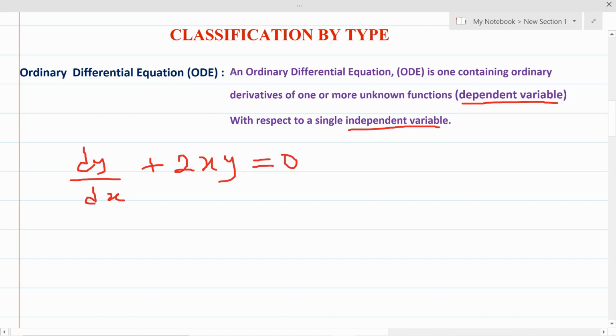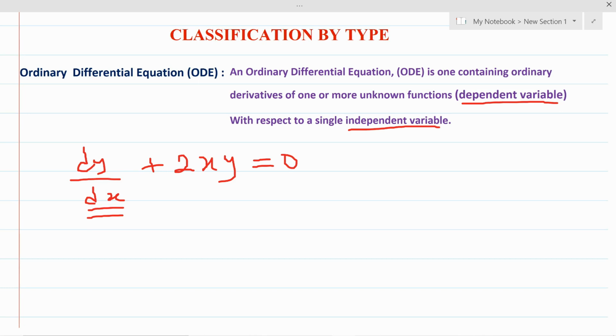This is an ordinary differential equation because we have just one independent variable, and the dependent variable is just y.